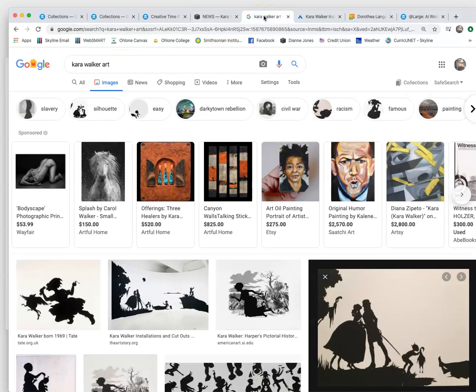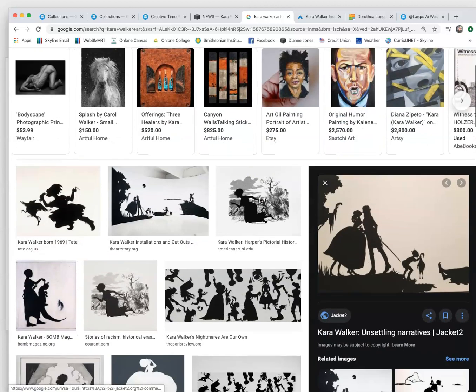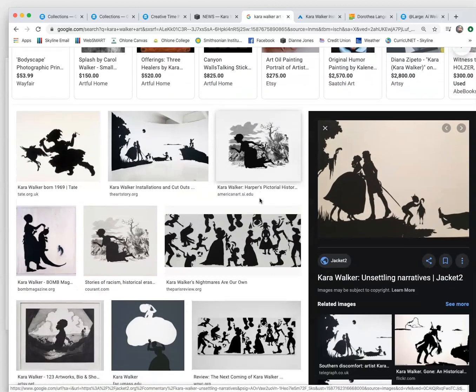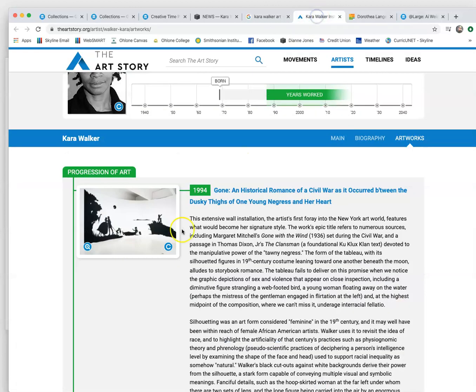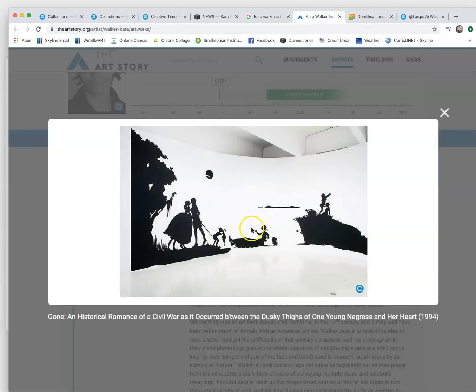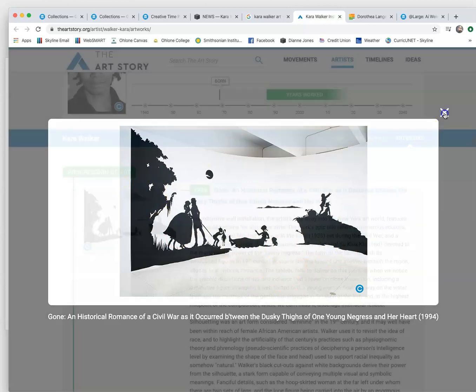You can Google her images. So her older work, just so you can get a sense, she did a lot of these really large paper cutouts, right? Where the installation, this is from 1994, would be in a museum, you can't really tell, but these would be massive.